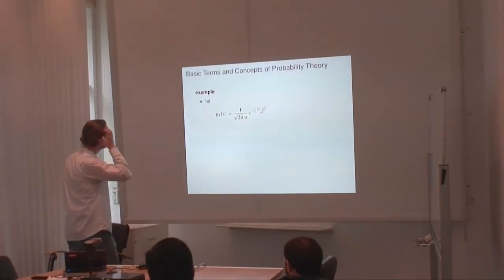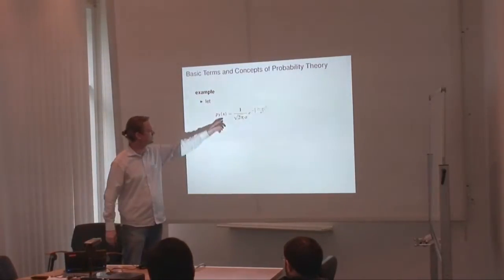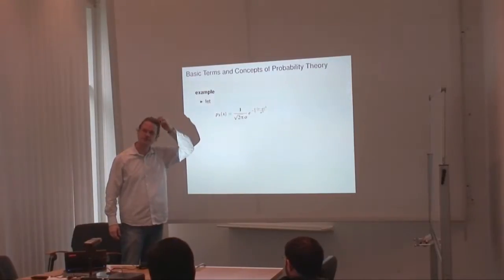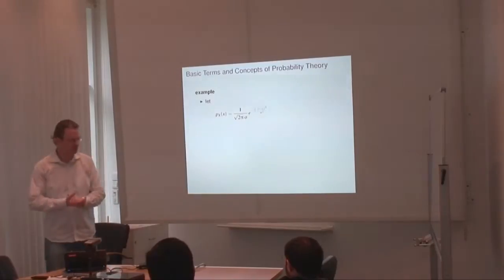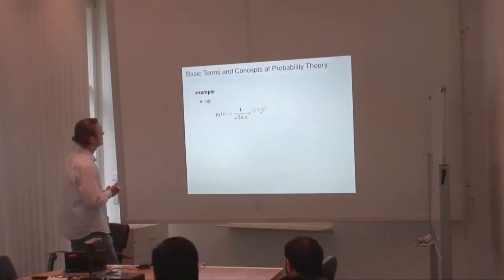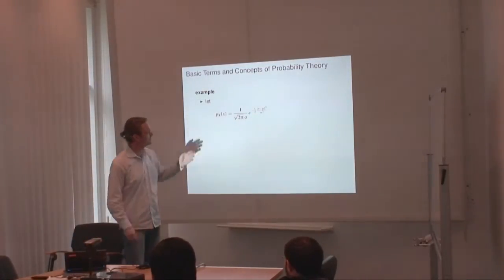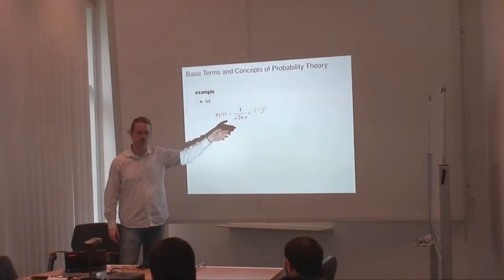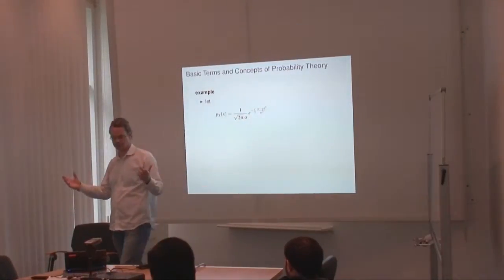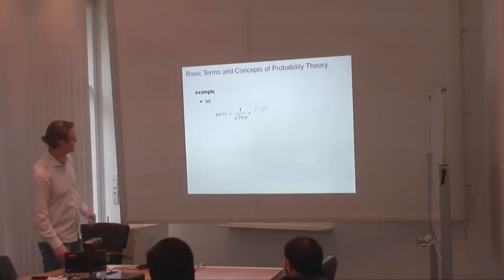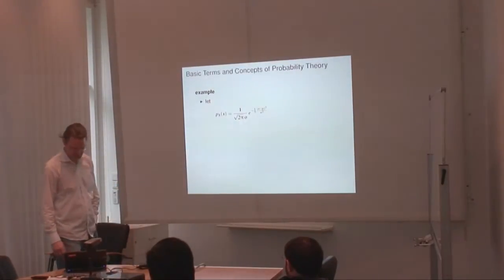Here is an example. What was the name of this distribution? Gaussian. It's the Gaussian, exactly. So apparently we are dealing with a random variable X that is distributed according to some Gaussian with a certain mean, mu, and a certain variance, sigma squared. I don't really care about the mean and the variance here.